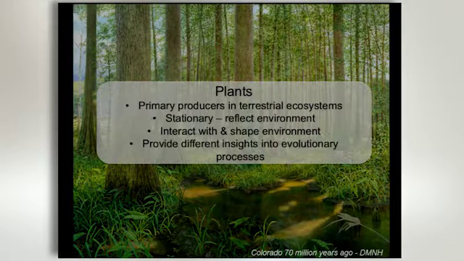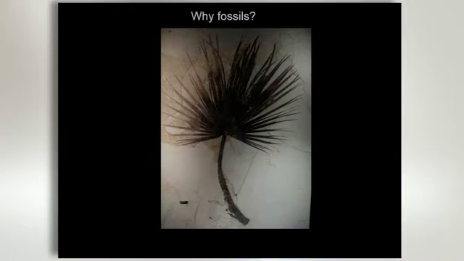So if we're trying to understand how things have changed over geologic time, we need to know what the plants are doing. And what's more relevant for this crowd is that we can see different ways that evolution happens, right? Plants don't work the same way as animals, so they can give us different insights. They do things differently and in more interesting ways.